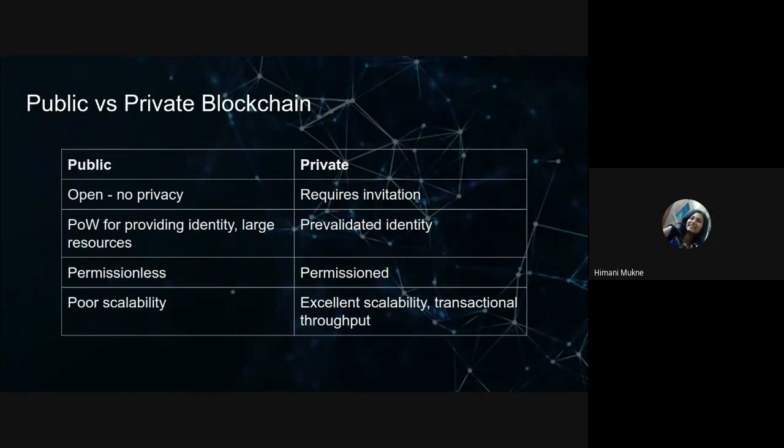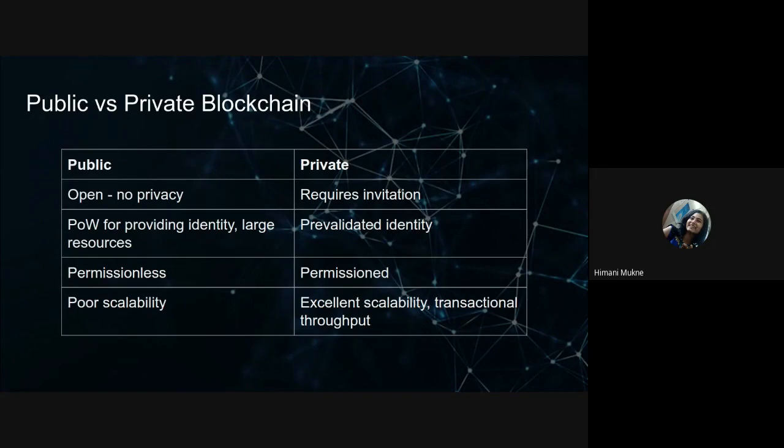The next major difference is that a public blockchain is permissionless, which means that as long as you're able to solve the hash, you can enter the system. So a public blockchain can also be loosely called a permissionless blockchain, and a private blockchain is permissioned. You need the network administrator's permission to view the data of the blockchain, to make commits to the blockchain, or to just be a part of the network.